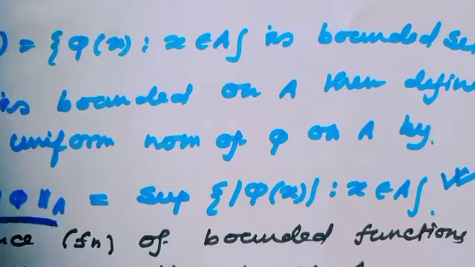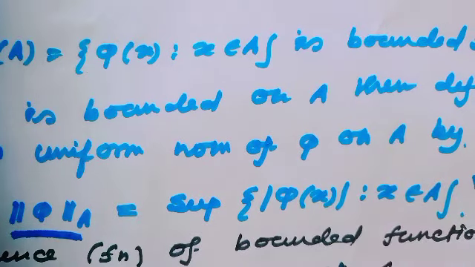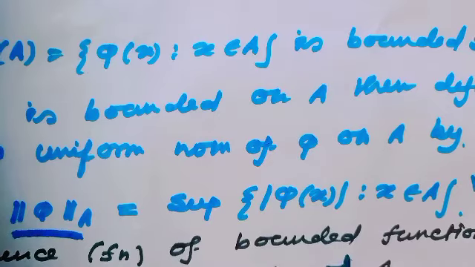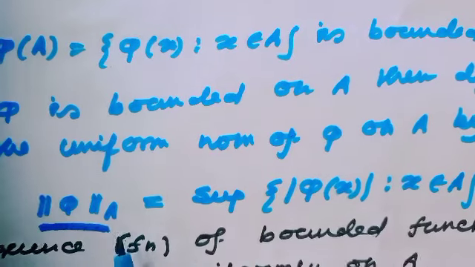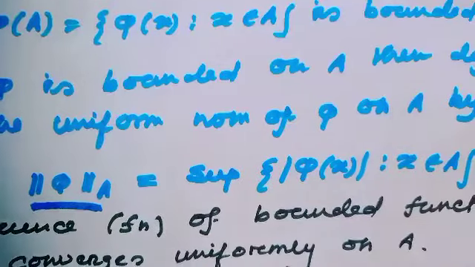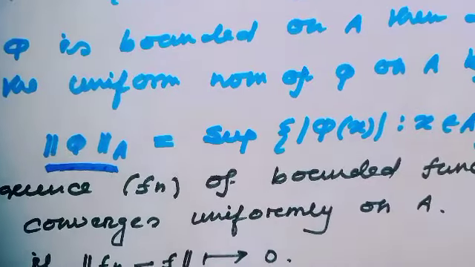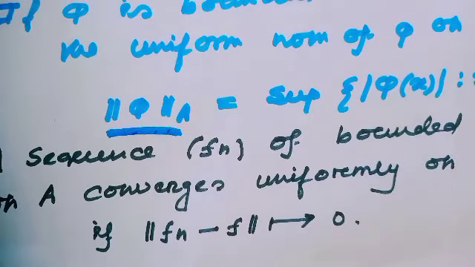This is the norm. I will see later what the norm actually is in vector space, metric space. Just think, this is the set and this set is bounded, and the supremum of this set is defined as the norm of A. Now, a sequence of functions fn, which are bounded functions on the set A, that means the sequence of functions is bounded.